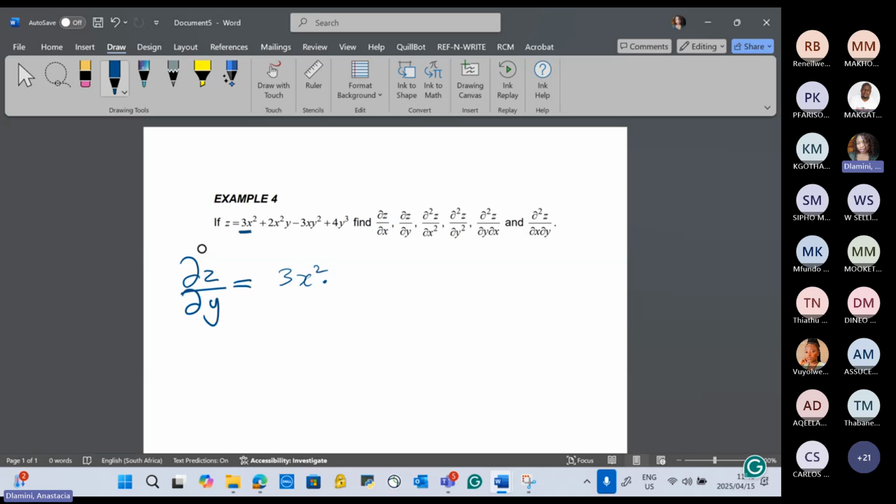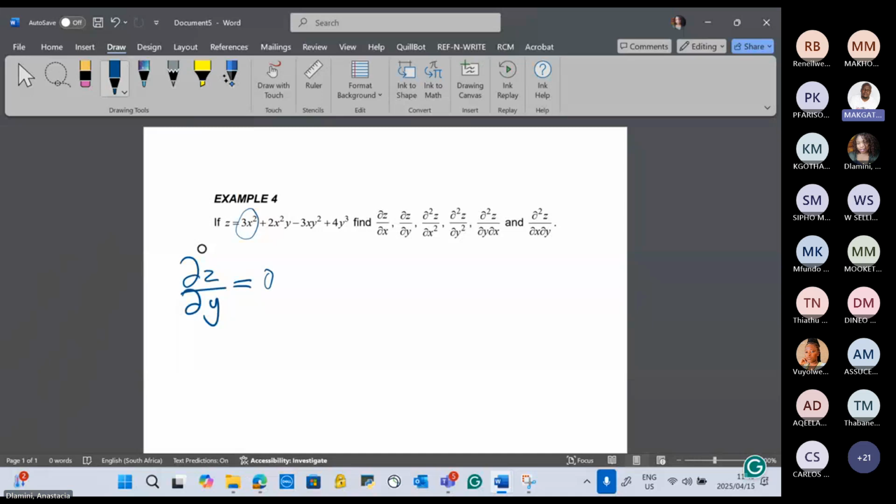The derivative of that is what? 0. Now let's change how we were thinking. Because we are partially differentiating with respect to y, anything that doesn't have a y is 0. Makes sense, because we saw how the 0 comes in. So meaning that there's no y here, so that is 0.